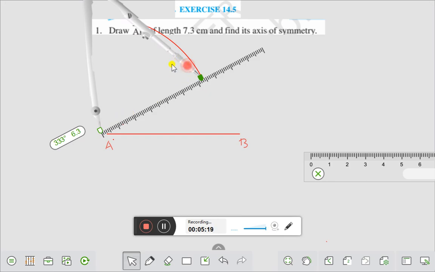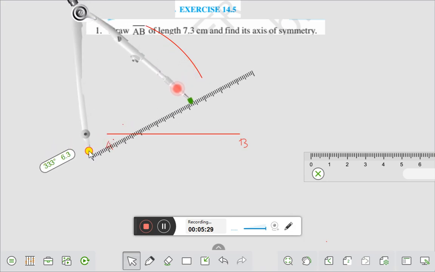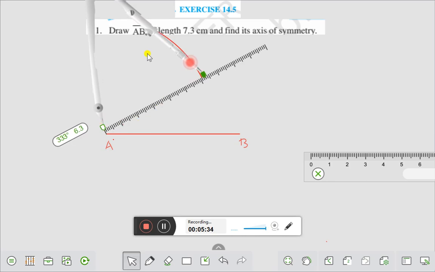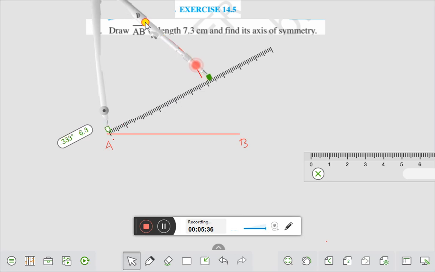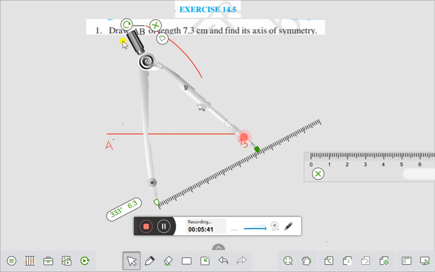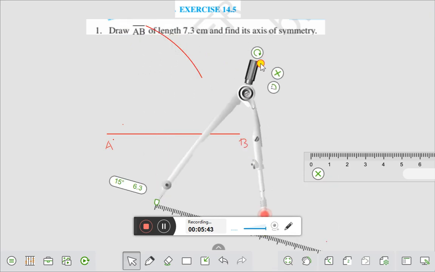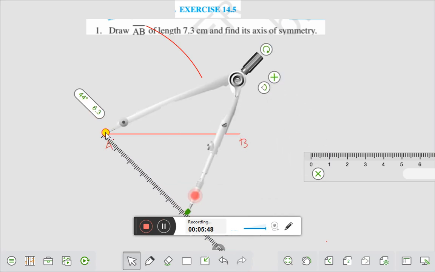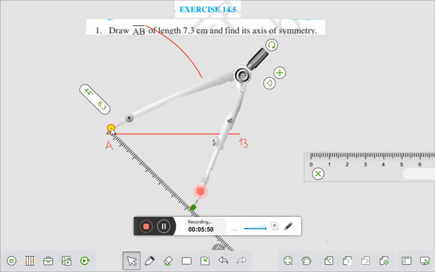And this curve again, let us take this as point A and let us take another curve here.